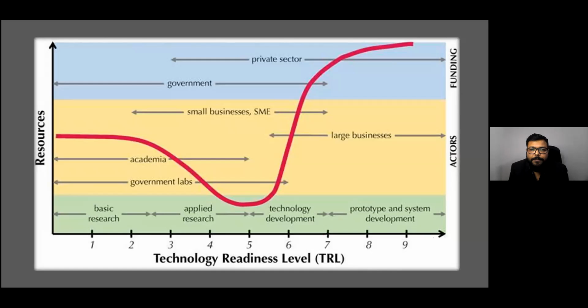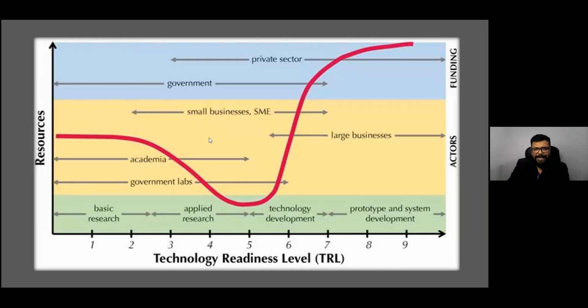so also, this kind of research is done in government labs as well. Okay, so most research is done in either academia or the government lab or the government sector. You can see here the small business from TRL 3, TRL 4 to TRL 7, from TRL 3 to TRL 7.